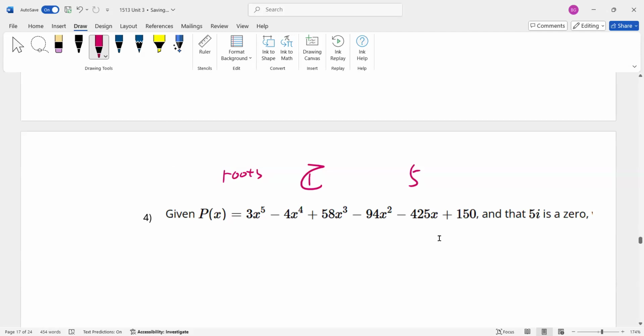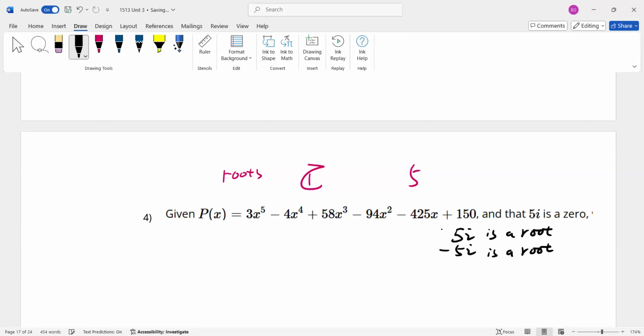The good thing is the question already told us some of them. It tells us 5i is a 0, 5i is a root. If 5i is a root, then negative 5i, which is the conjugate of 5i, is also a root.